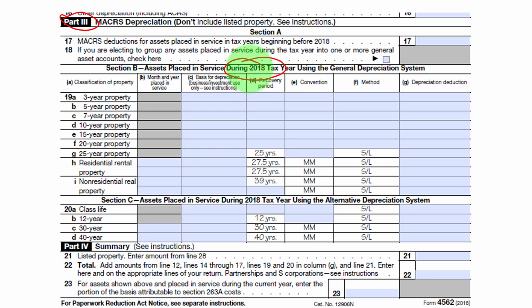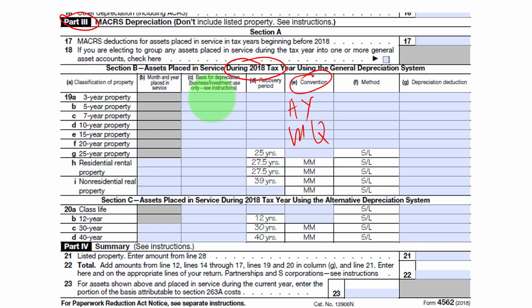Some of the terminology here, the so-called class lives, should look familiar from our textbook. And we would indicate the date it was placed into service. That'll determine, remember the convention, is it a half-year convention or mid-quarter convention? You can see here the mid-month convention. That's automatic for real estate that's depreciable.